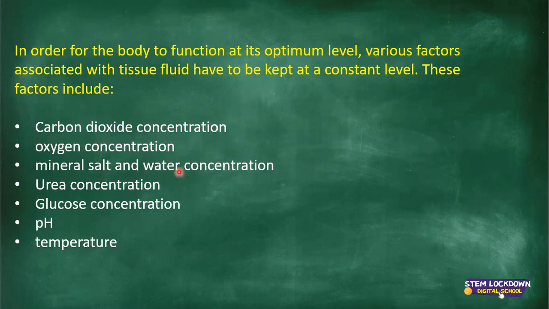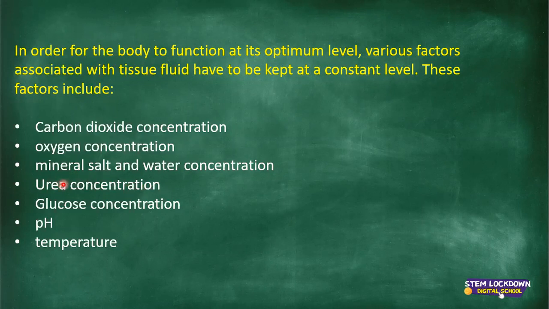The mineral salt and water concentration would also affect a lot of other factors in your system. Urea concentration as well. That's why you need to regulate the water intake, and the kidneys need to function optimally. If this part is affected, most likely the kidneys would suffer, and then ultimately your whole body will suffer. That's how the body works.